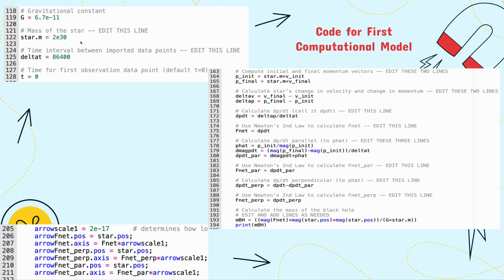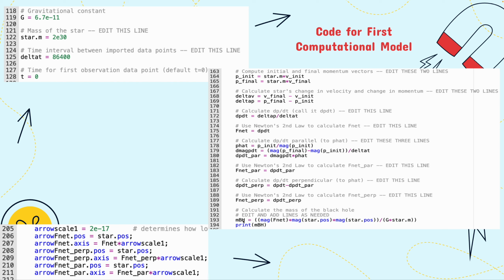As you can see in the top left here, I've just replaced data with numbers that we already know. Delta t here is just equal to the number of seconds in a day. So this middle section of code right here is just filled with a bunch of momentum definitions, writing the definition of momentum over and over again in different ways to get the values that we want.